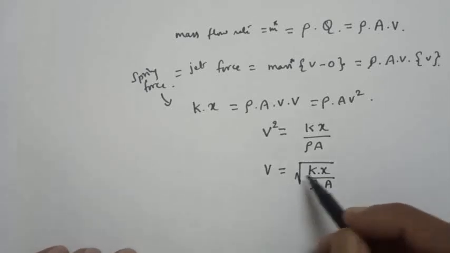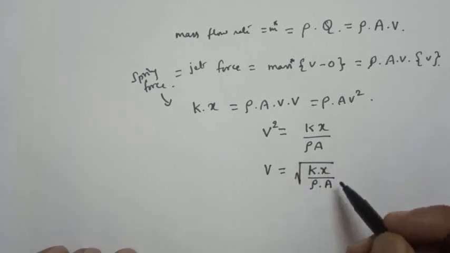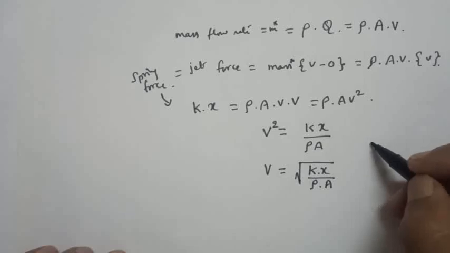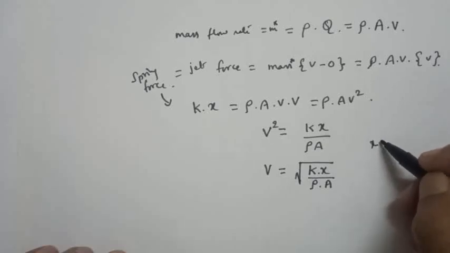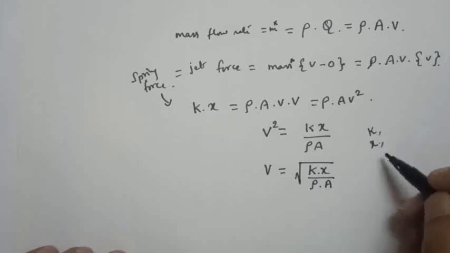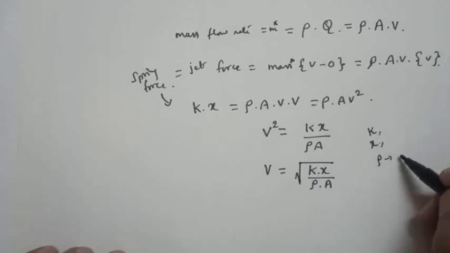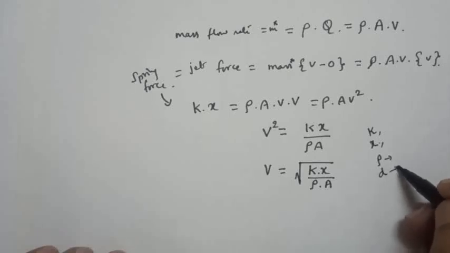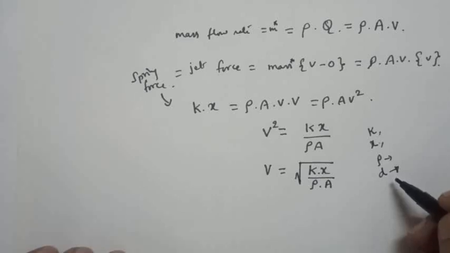Most of the time in this problem, k is going to be specified, x is specified, the density of the jet is going to be specified, and the diameter of the jet is going to be specified instead of the area of the jet.